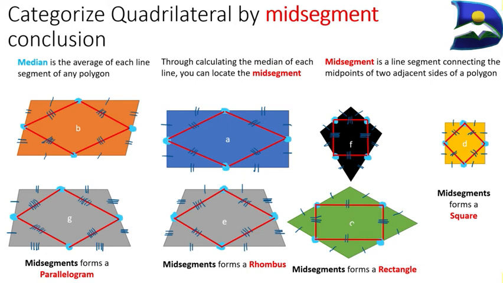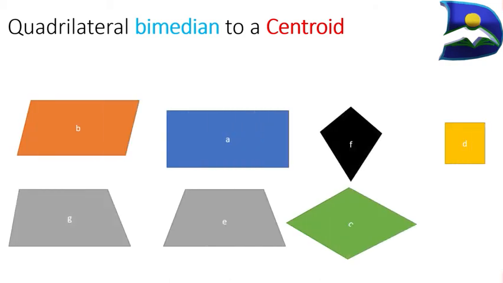And once we're able to recognize the function of a median used to create a midsegment, we can apply this to a bimedian, which in this case is going to be used to determine a centroid. Now, we have all these shapes right here. What is a bimedian?